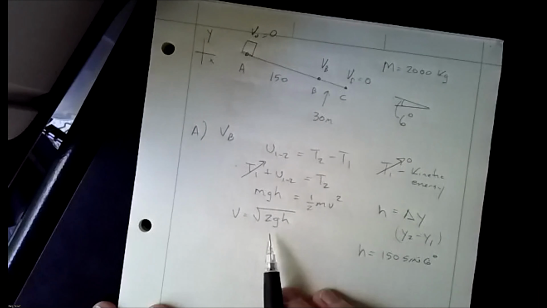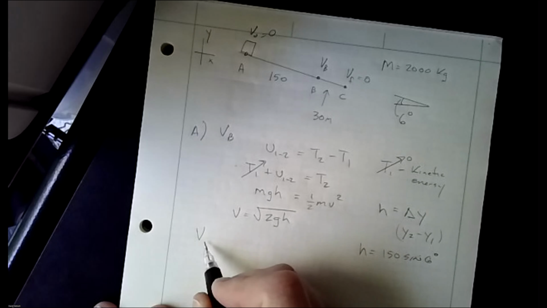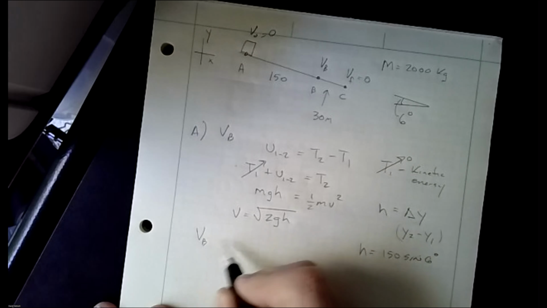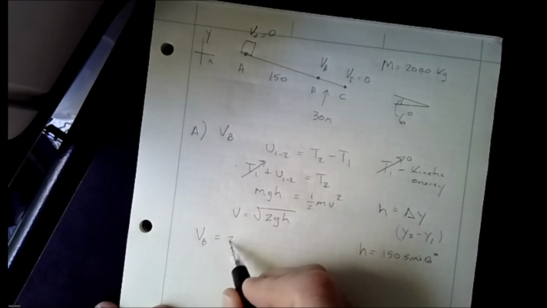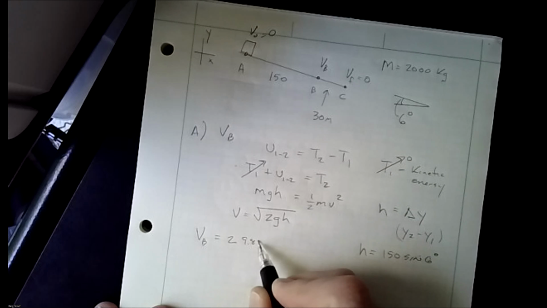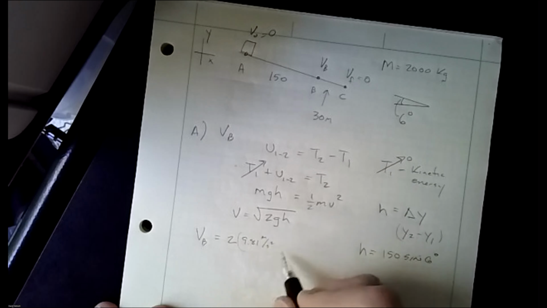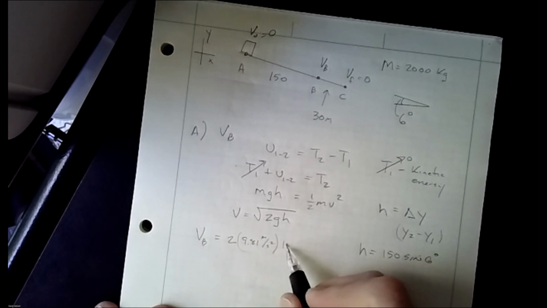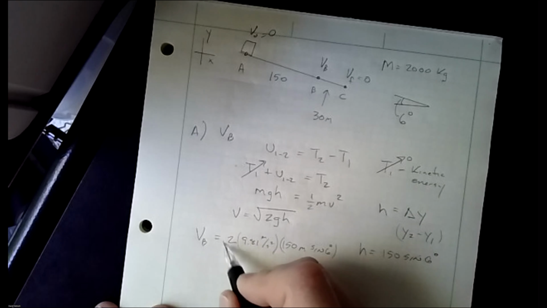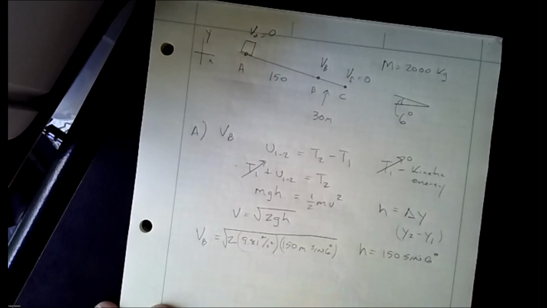We plug it in and get v at B equal to 2 times 9.81 meters per second squared times 150 meters times sine 6 degrees, all to the 1/2.